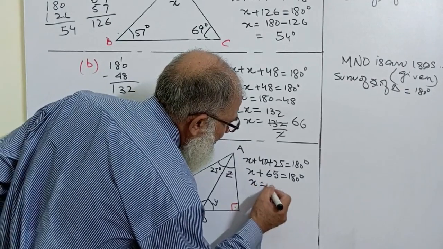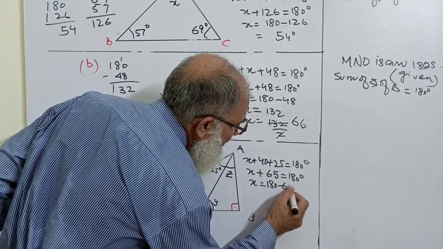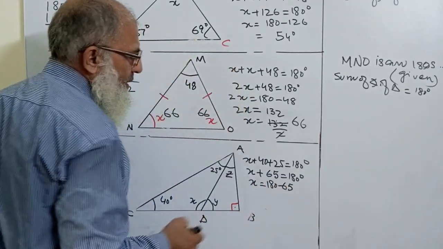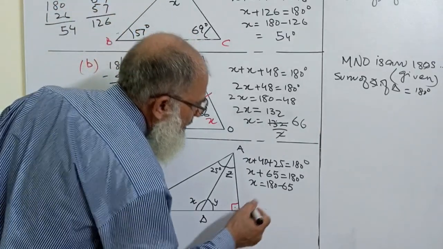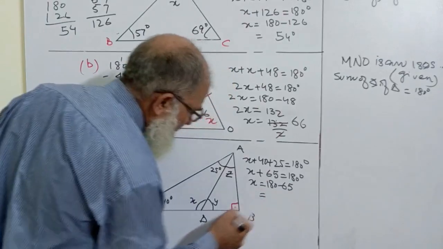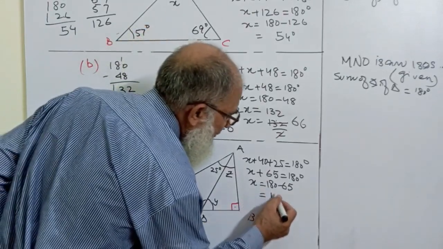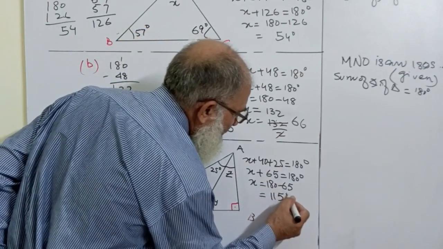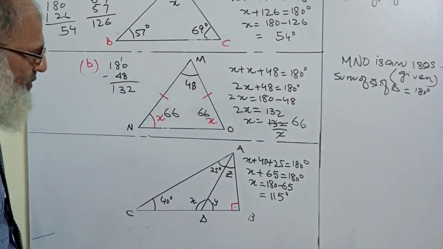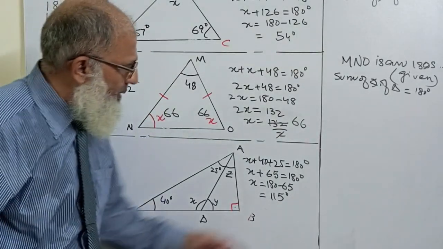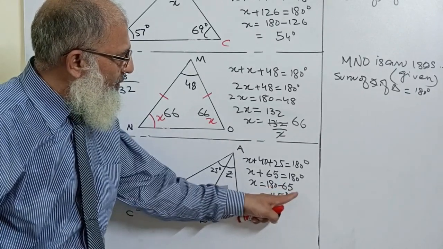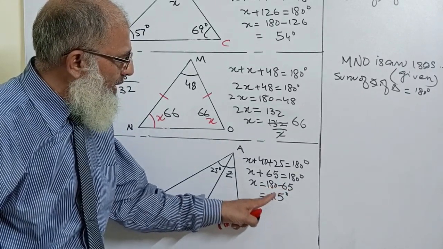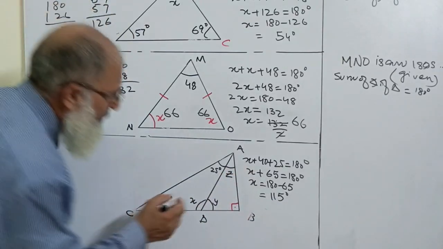Now x is equal to 180 minus 65. So x is equal to 115 degree. We'll subtract 65 from 180 and it will become 115 degree.